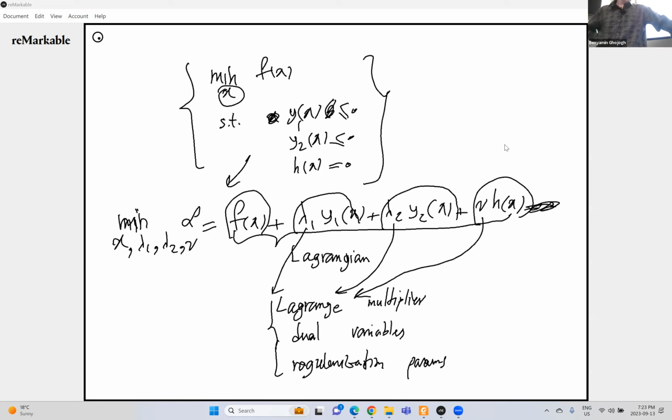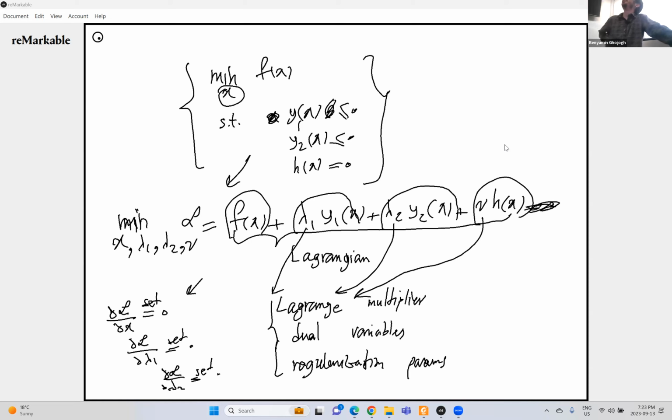Therefore, in the method of Lagrangian, take the derivative of the Lagrangian with respect to each of the optimization variables. With respect to x, set it to 0. With respect to lambda 1, set it to 0. With respect to lambda 2, set it to 0, etc. And you solve it.